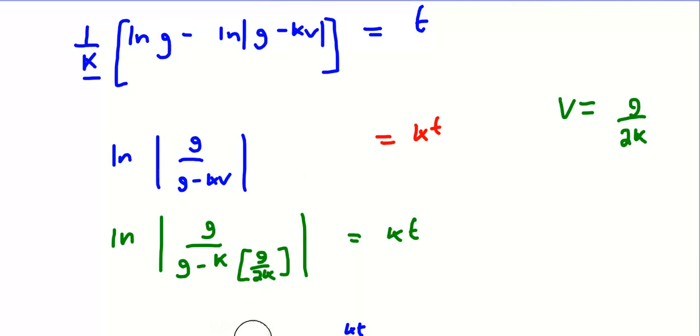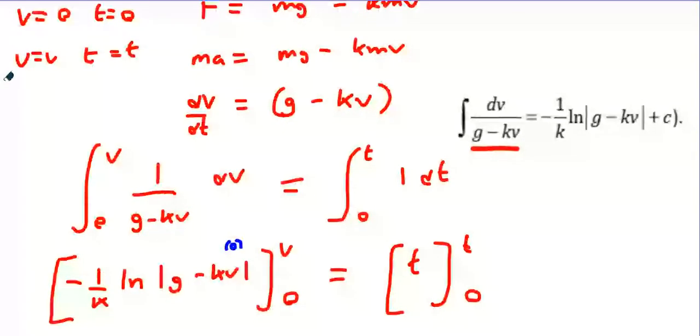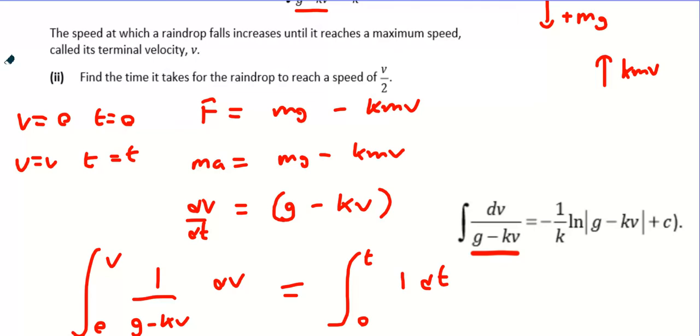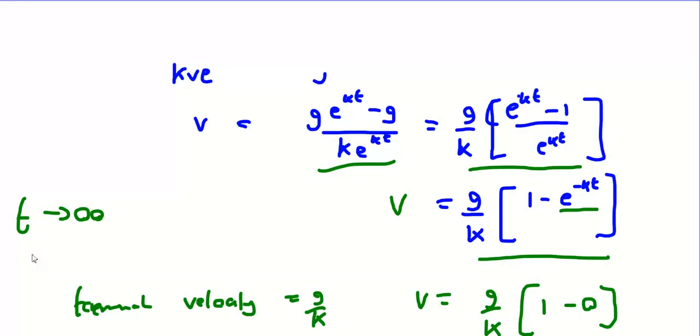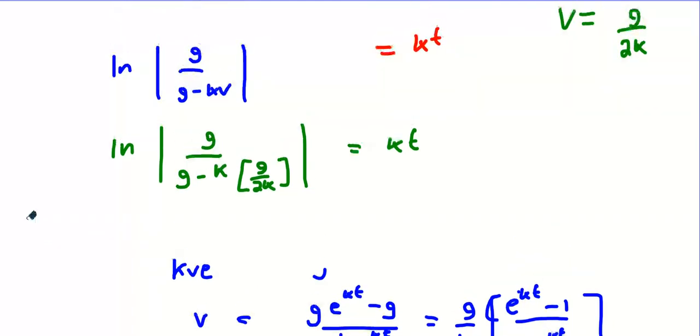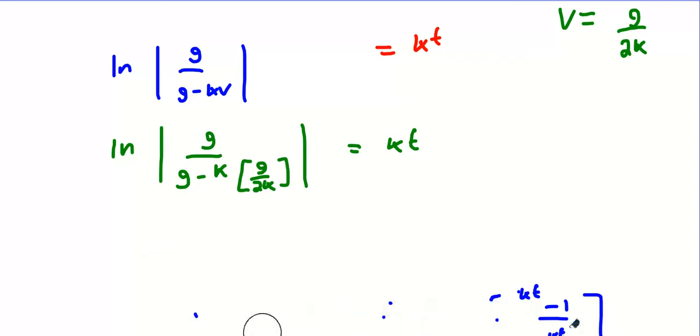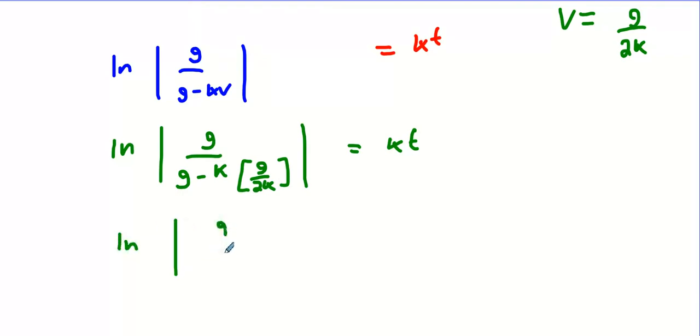Now, if we look at our question, what does it want? Find the time it takes for the raindrop to reach speed v over 2. So where was it? It was here. So what I'd be doing here is saying, okay, this is ln, this is still g on top, but on the bottom it's actually g minus g over 2, because the k's cancel.